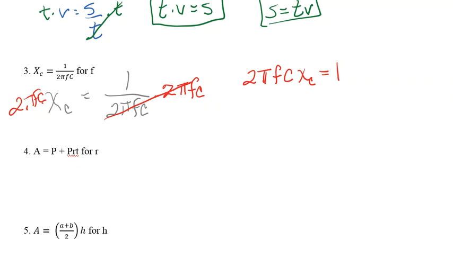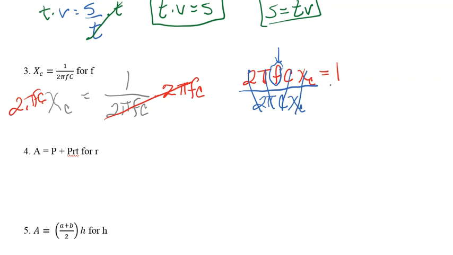Okay, no fractions. I'm supposed to be getting f by itself. These are all multiplying. So if I want to isolate the f and everything's multiplying, I can just divide by what I don't want. I don't want the 2 there, or the pi there, or the big C, or the x sub c. That'll make each one of these go away.